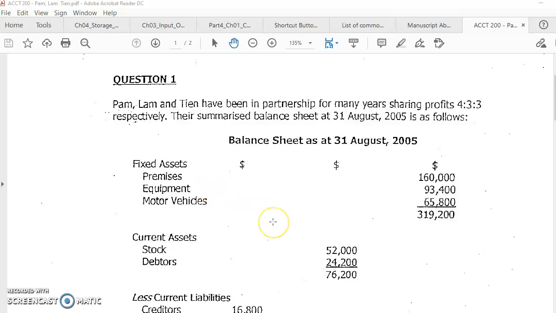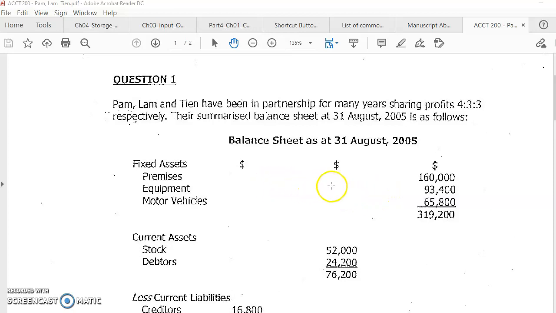Today we will be looking at the topic of takeovers. In an earlier video we introduced you to the topic of takeovers, and we stated that a partnership can incorporate a company and then sell their partnership to that company.